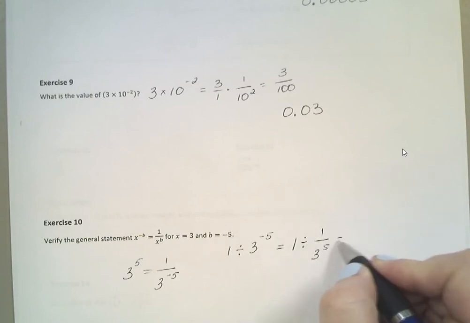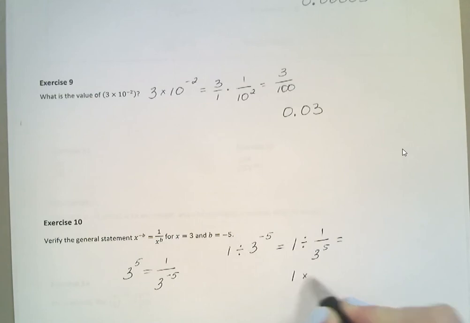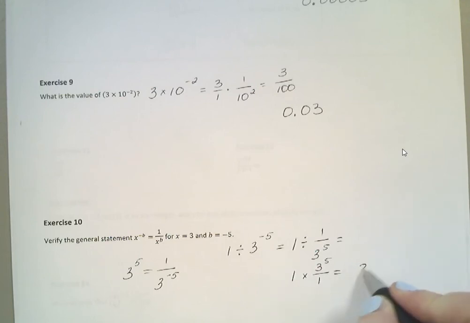So that means it's going to be the same as 1 times 3 to the fifth over 1. And when I have that 1 times 3 to the fifth, I know it is 3 to the fifth. So I just proved that 3 to the fifth is 1 over 3 to the negative fifth.